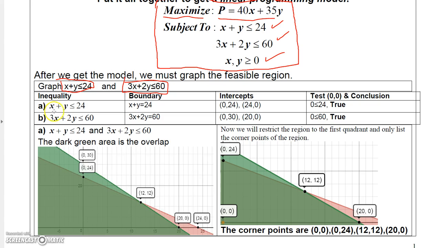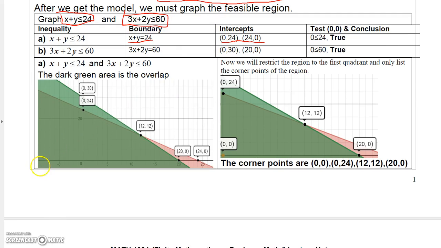To graph x plus y is less than or equal to 24, we graph the boundary x plus y equals 24, and we can easily find the intercepts (0, 24) and (24, 0). Okay, so this goes through (0, 24) and (24, 0).